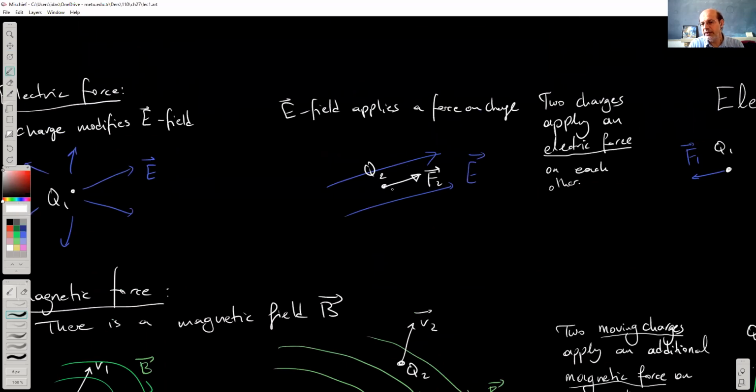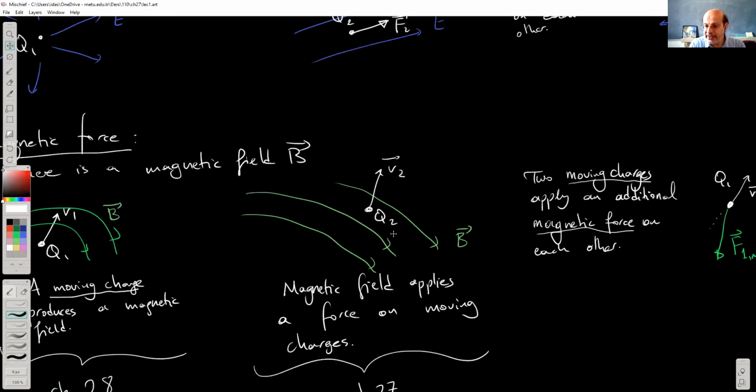A particle interacts with these fields only if it has charge. A charge interacts with the electric field, and if it is moving, it also interacts with the magnetic field as well, right? So that's the important part. And this interaction is mutual.